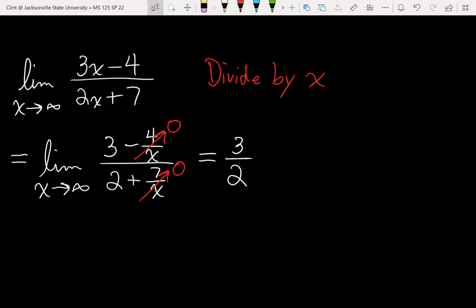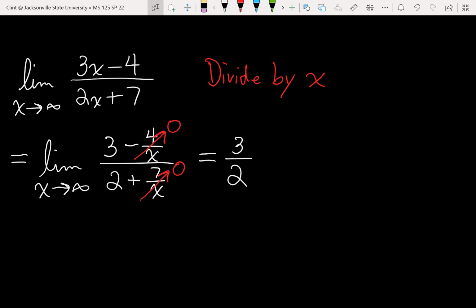They're both degree 1 polynomials. So then what's our limit? Where does the 3 over 2 show up in our original? Yeah, it's the ratio of the leading coefficients. You get 3 over 2.